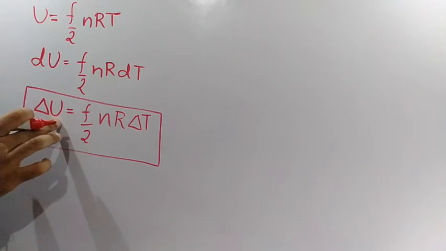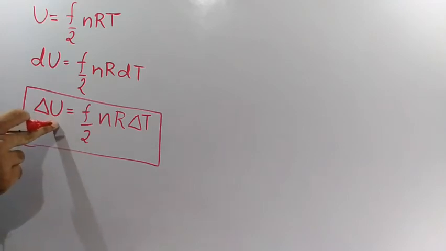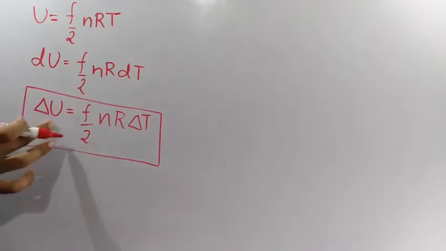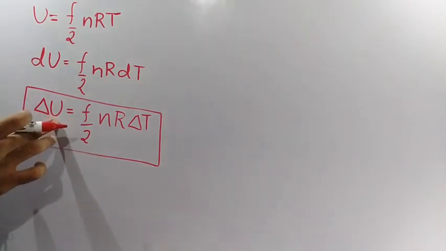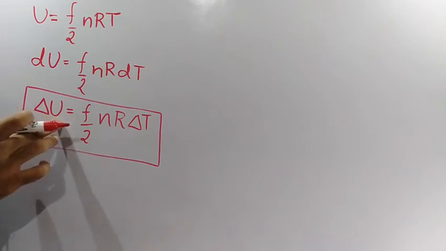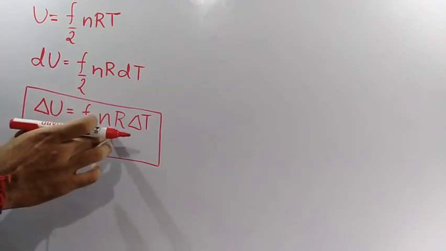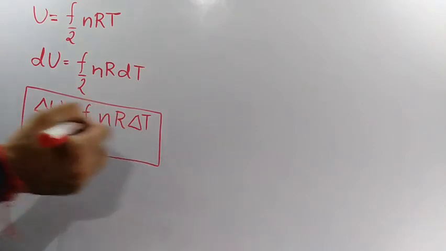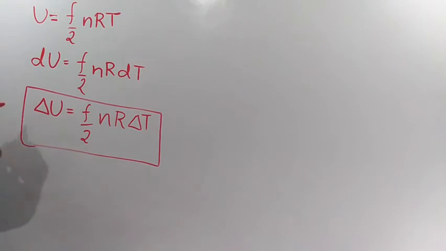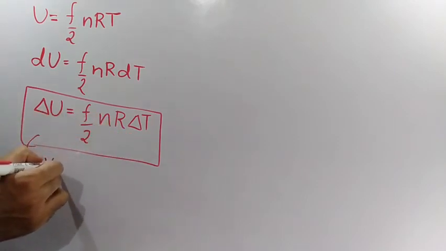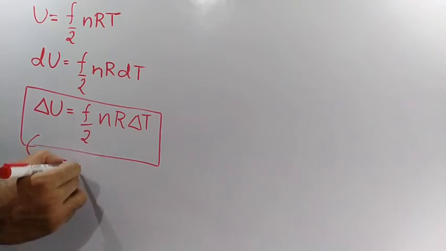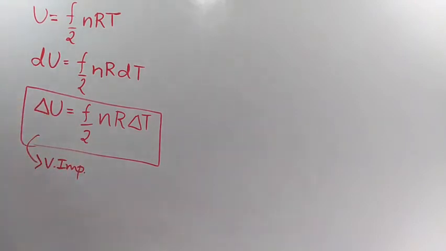Delta U does not mean internal energy; it is the change in internal energy. So the change in internal energy is equal to F by 2 N R delta T. This equation is very important.